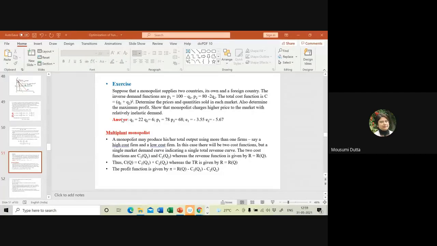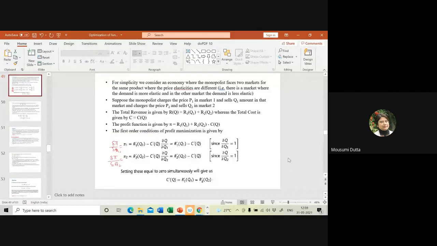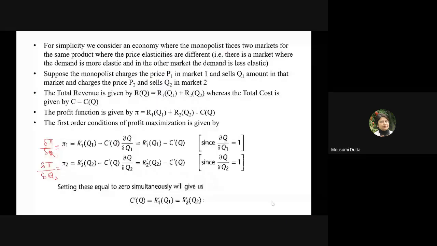So, everybody please find del pi by del Q1 and set that equal to 0.